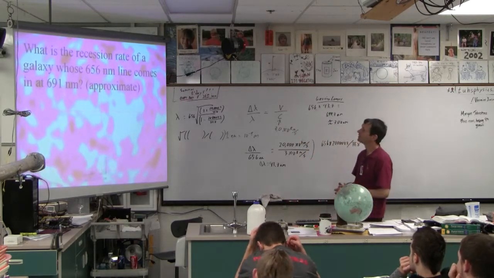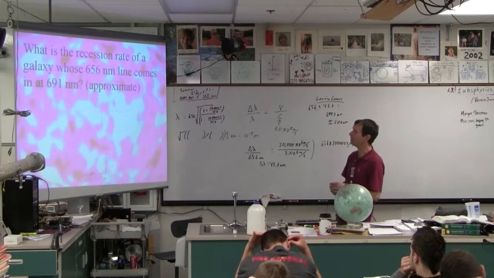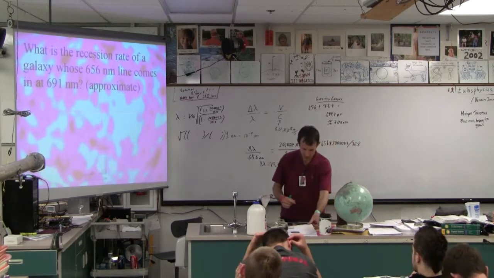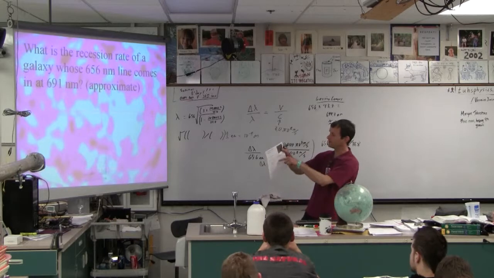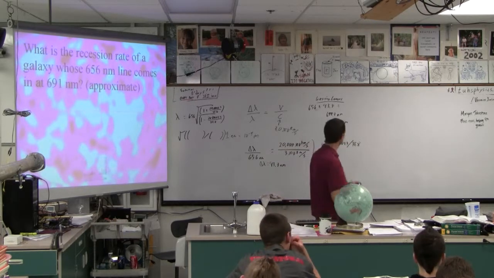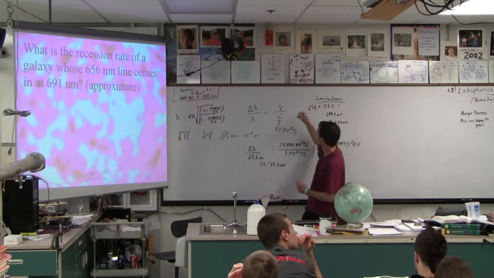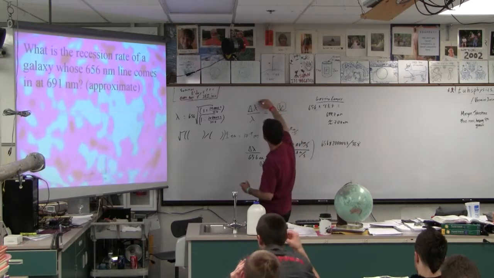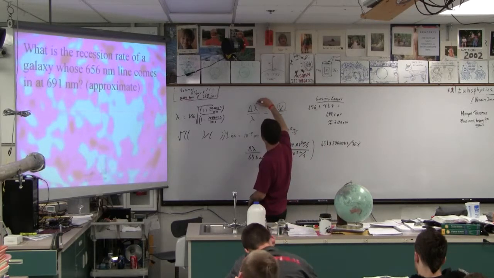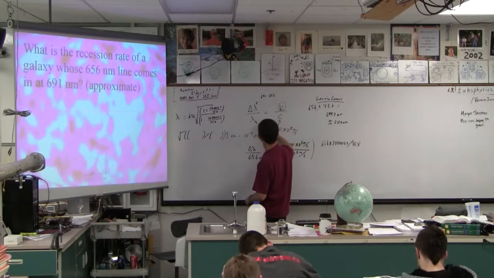So try that one. What is the recession rate of a galaxy whose 656 nanometer line comes in at 691 nanometers? Do you have room to put it in there somewhere? You could put it down here. See if you can calculate this V. This thing here is 691 minus 656. This guy here is 656.